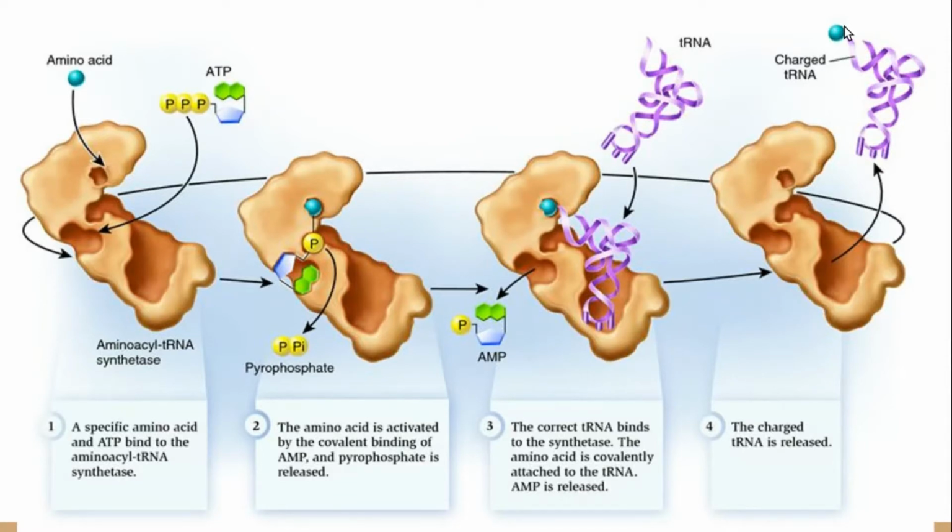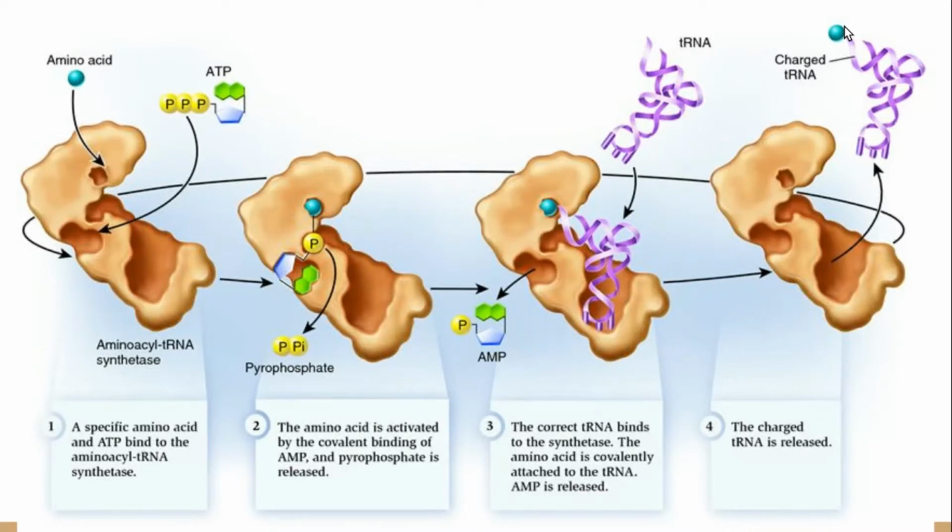I'm not going to get into the specifics, but basically each tRNA has a partner aminoacyl tRNA synthetase, an enzyme that will charge it with an amino acid, so that when the tRNA recognizes its codon in the ribosome, it can transfer that amino acid to a growing peptide.